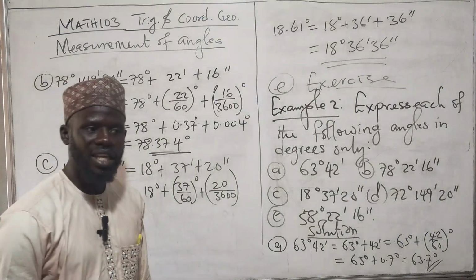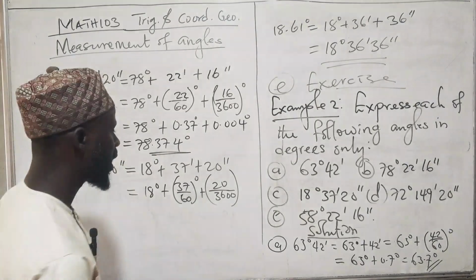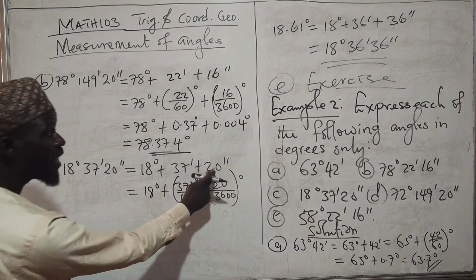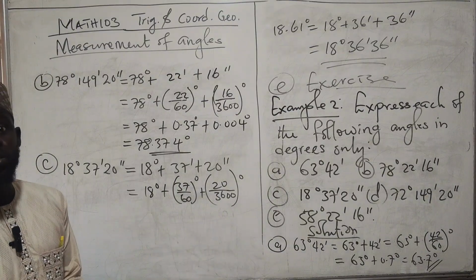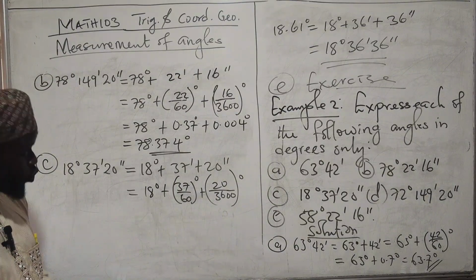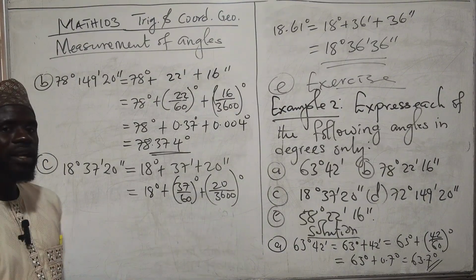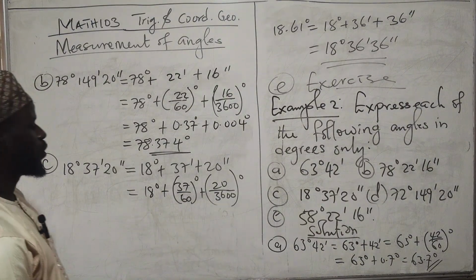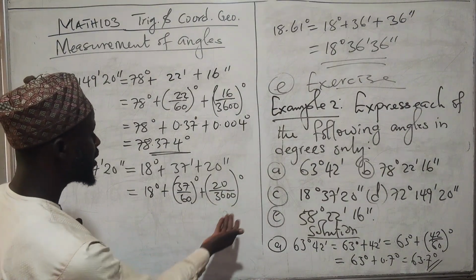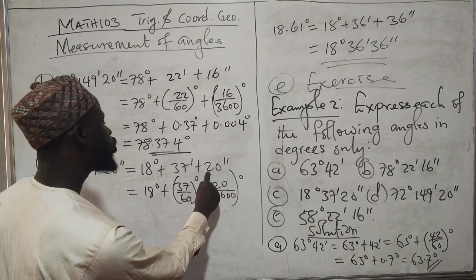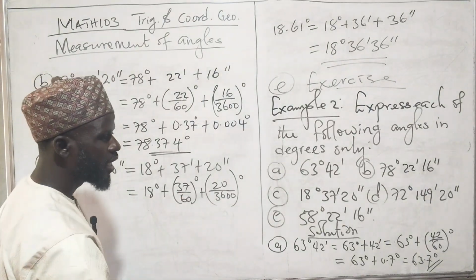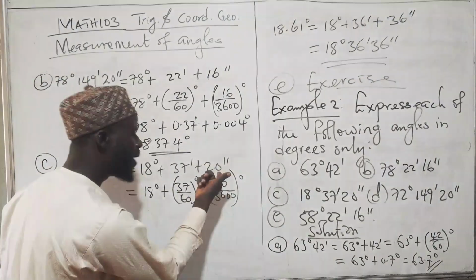The answer is not correct if you only divide by 60. If you only divide a second by 60, you have converted it to minutes. Converting it to degrees involves further division by 60. So if you cannot take 3600, just say 20 divided by 60, you are back to minutes. Then divide the answer also by 60, then you are in degrees.